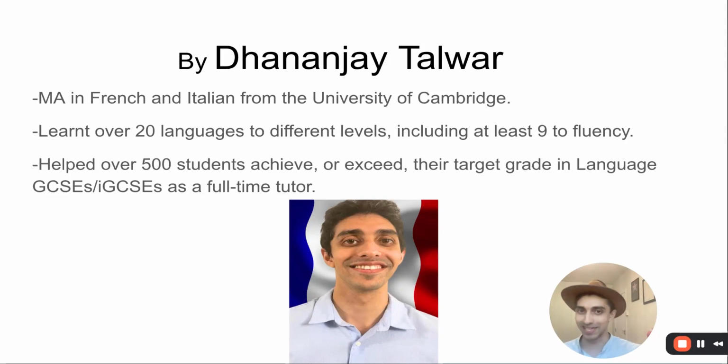I did German for my GCSE too, getting a top grade, and then practiced it considerably with friends afterwards. It's been a very rewarding journey as a tutor. In fact, I've managed to help over 500 students already to achieve or even exceed their target grade in language GCSE or iGCSE exams while I've been a full-time tutor. I've taught around 8 languages so far to GCSE or iGCSE level, and several of those at higher levels as well. And it's been very enjoyable too.